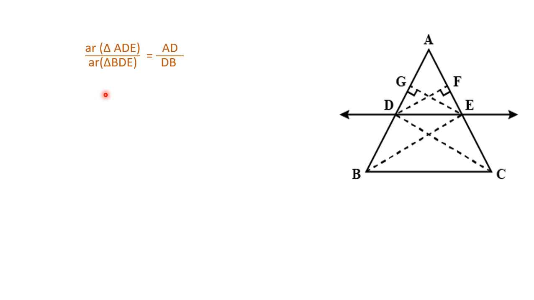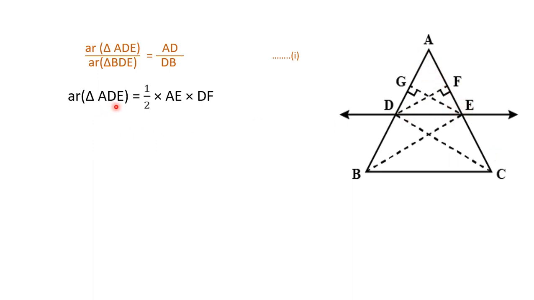Now after this, we again take the triangles ADE and DEC, and we find the areas of these two triangles. For the area of triangle ADE, when AE is the base, DF is the height. As DF is perpendicular to side AC, it is also perpendicular to side AE.